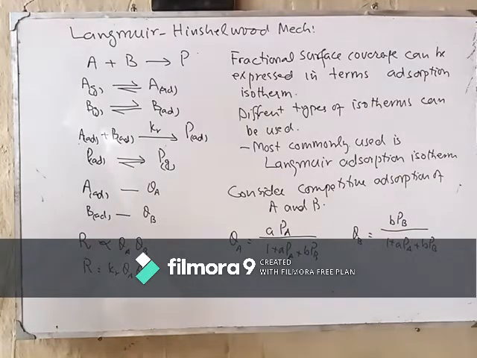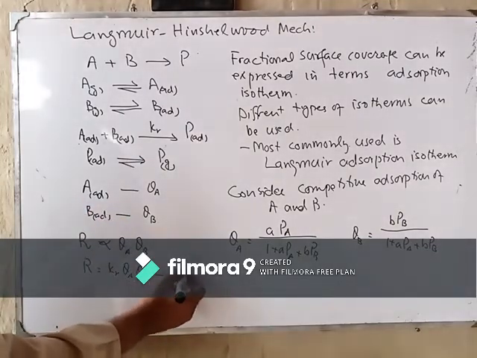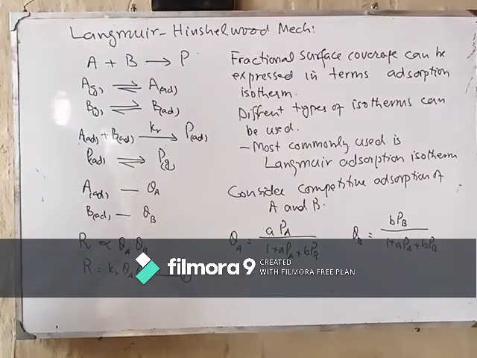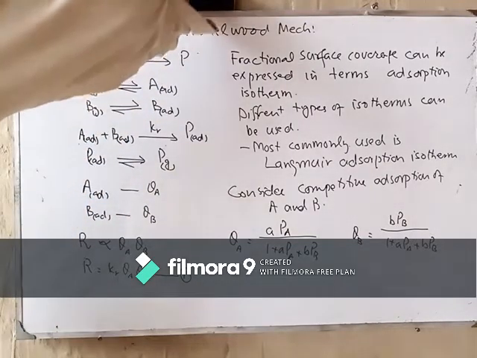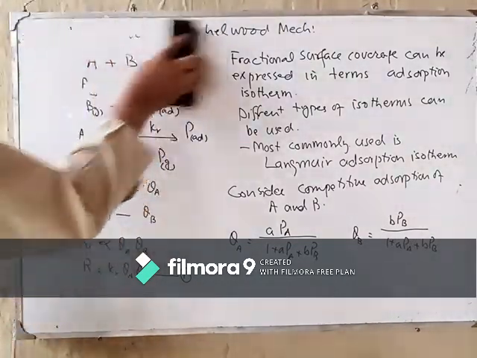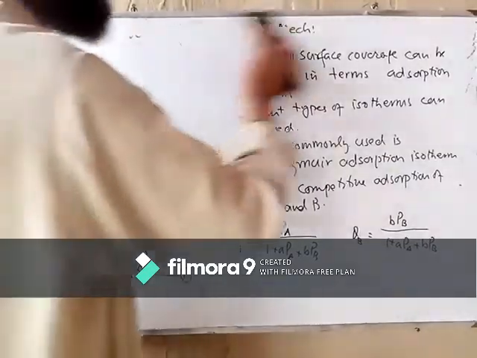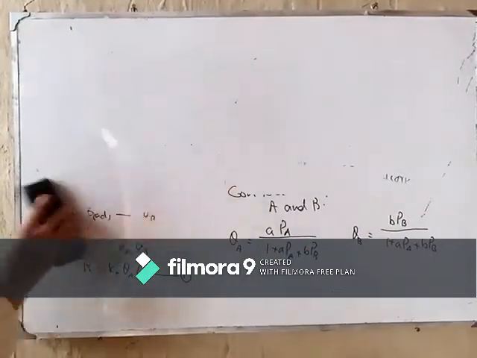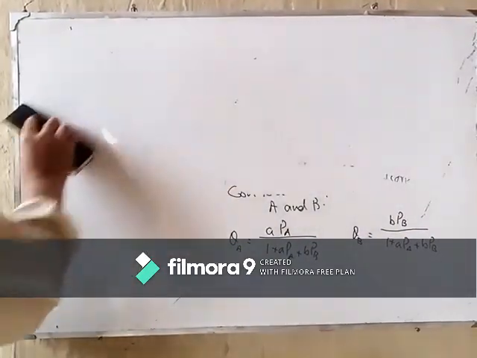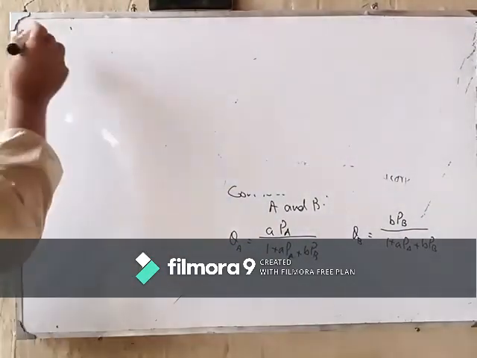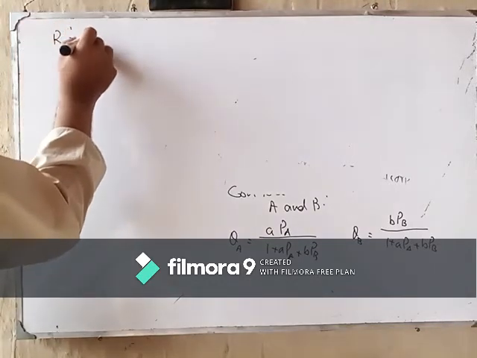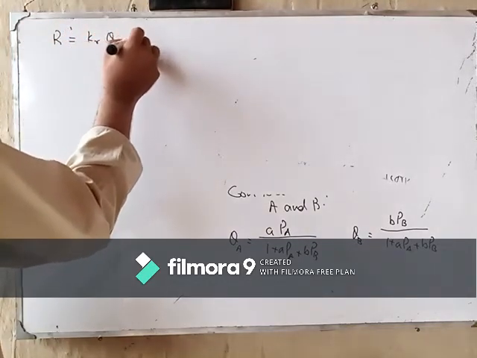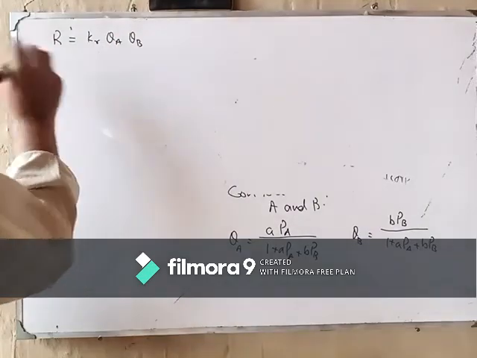So now putting the values of theta A and theta B in equation number 1, we get the rate expression. Equation 1 किस तरह है? R is equal to KR theta A theta B. अब इसमें वैल्यूज लगा लेते हैं.